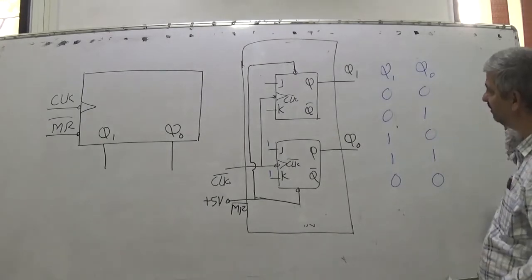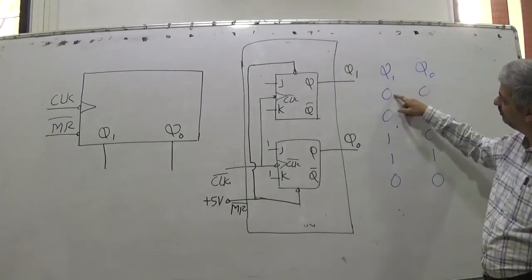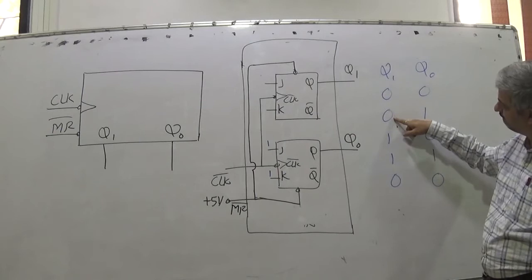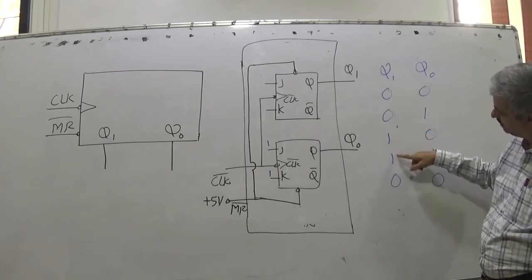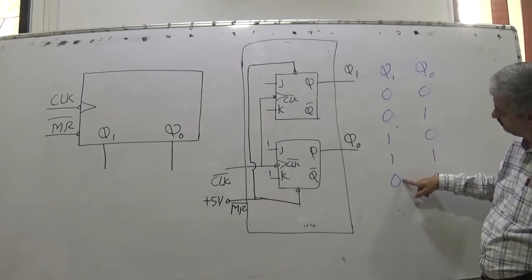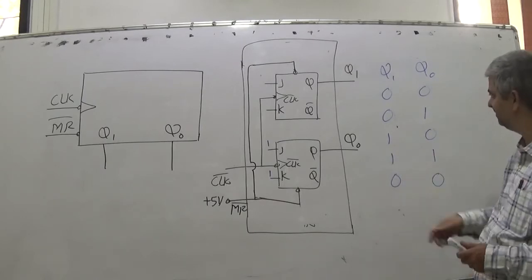What about Q1? Q1 is 0, it continues 0. It changes to 1. It continues 1. It changes to 0. And this will always be there.